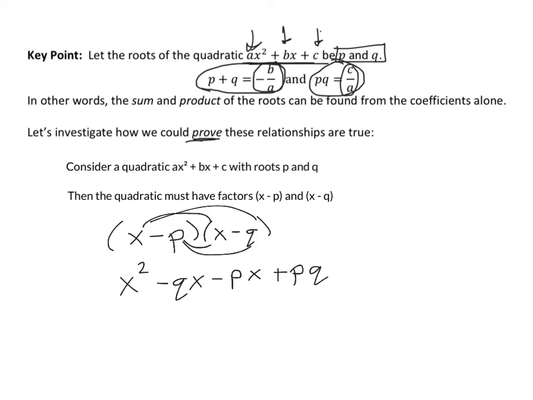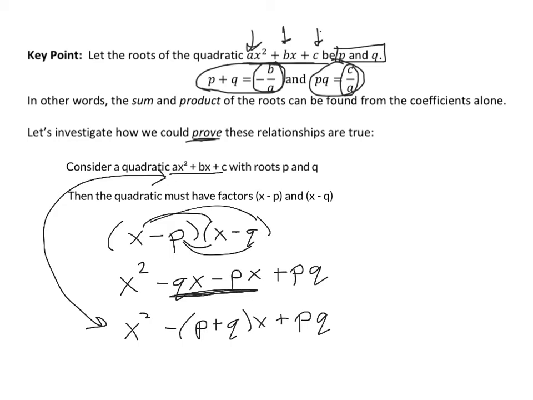And then I could look at these middle two terms here, and I could factor the negative and the x out of it. X squared minus (p plus q)x plus pq. And then I look at this and compare it to the quadratic that I had and realize, I really wanted that leading coefficient to be a.